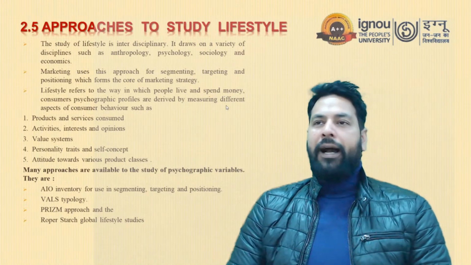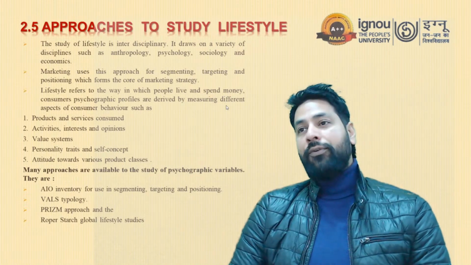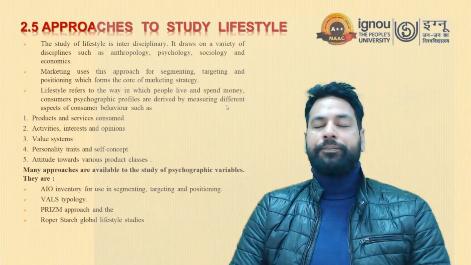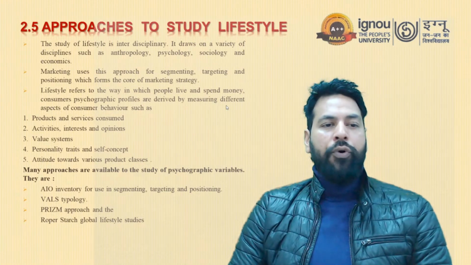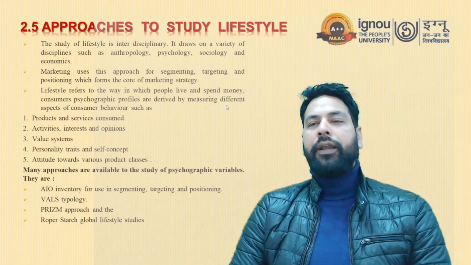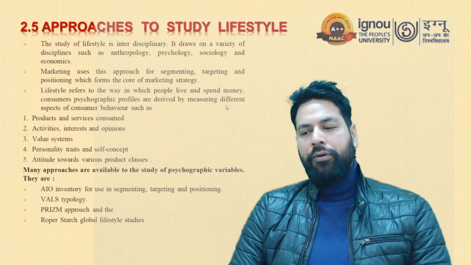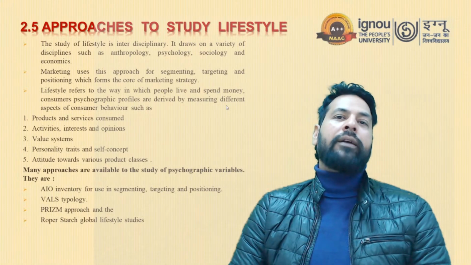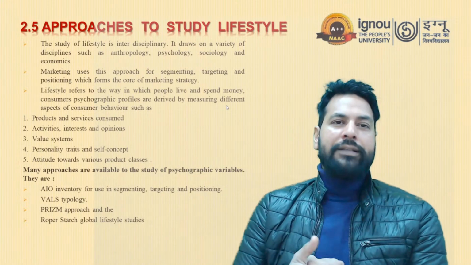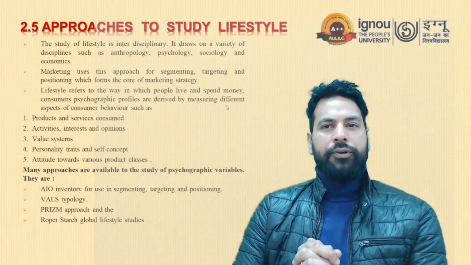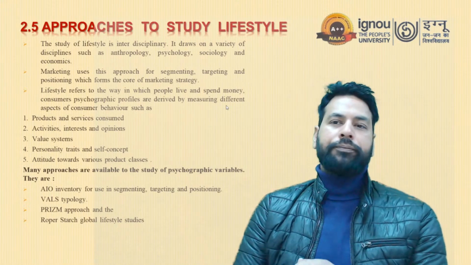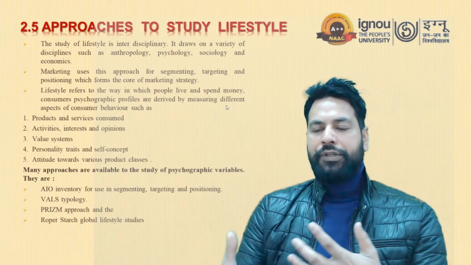Now you see, AIO, we just spoke about VALS, values and lifestyle, PRISM approach, and finally the Roper Starch global lifestyle studies. Out of these, three are important: AIO, VALS and PRISM. Because I cannot go all the time on the basis of my gut feel. Gut means intuition. There should be something empirical in approach to understand why this group of people behave in such fashion.